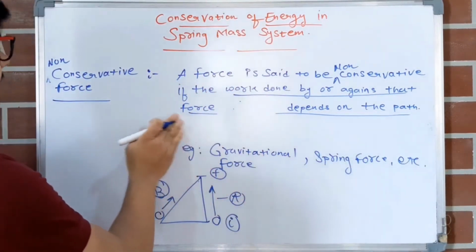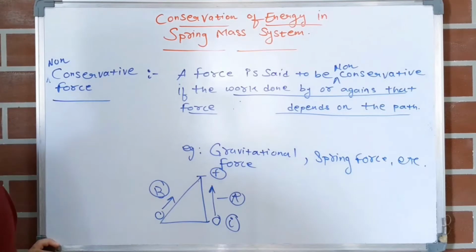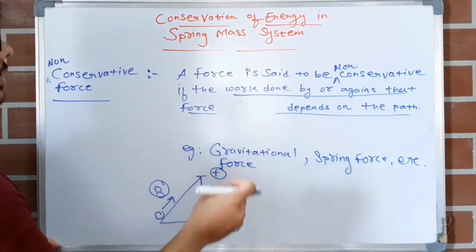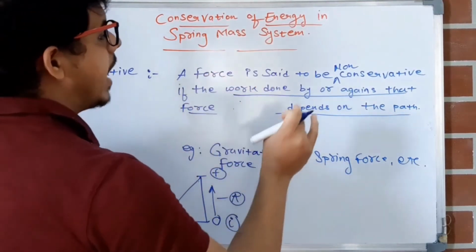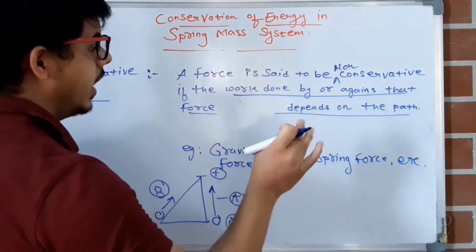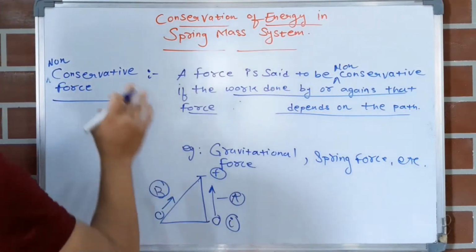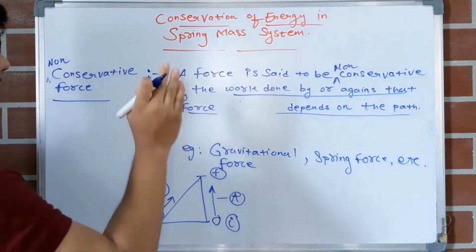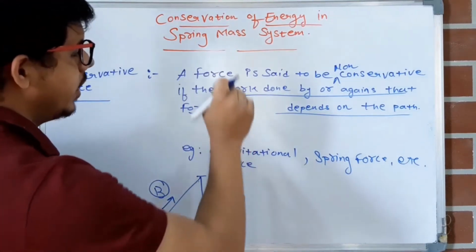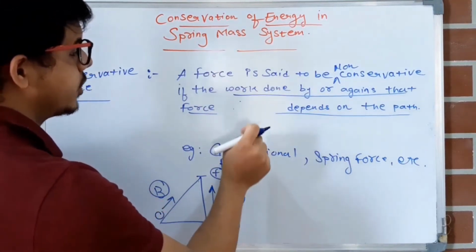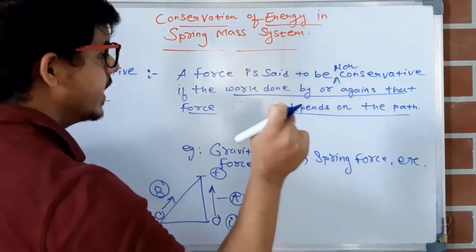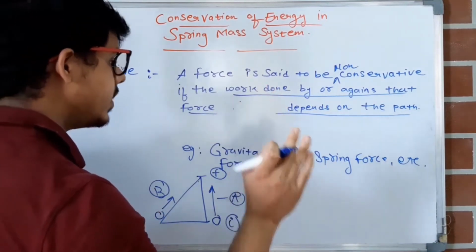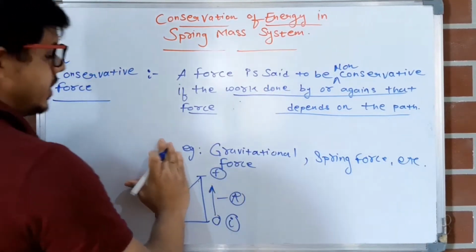I will repeat: a force is said to be non-conservative if the work done by or against that force depends on the path. It does not depend on the initial and final positions.